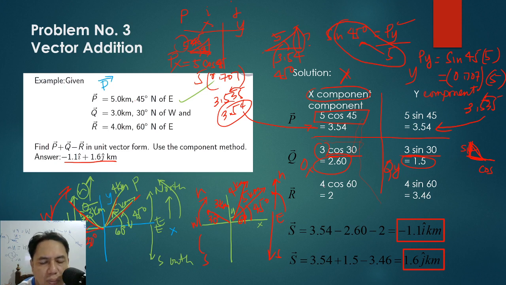Then same thing we have to do with R. What is our R? 4 kilometers, 60 degrees north of east. Same as the first quadrant and the P. The only difference is this has 60, the other one is 45. So it's a bit larger in angle, 60 degrees, and a bit smaller in magnitude. 5 becomes 4.